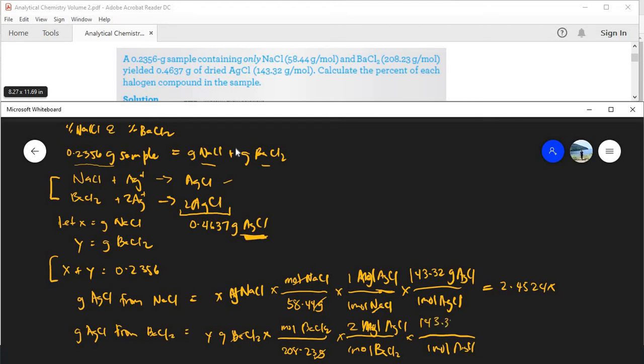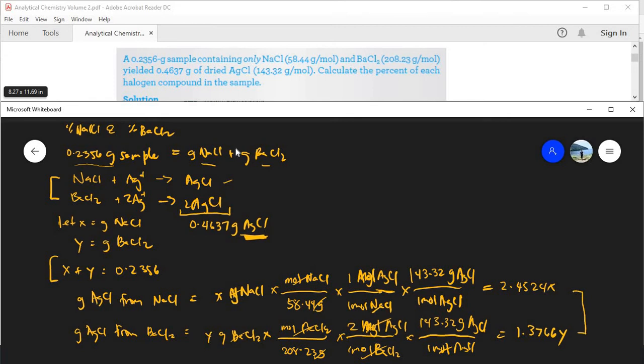The moles cancel, leaving grams AgCl. So 143.32 times 2 divided by 208.23 is 1.3766y.